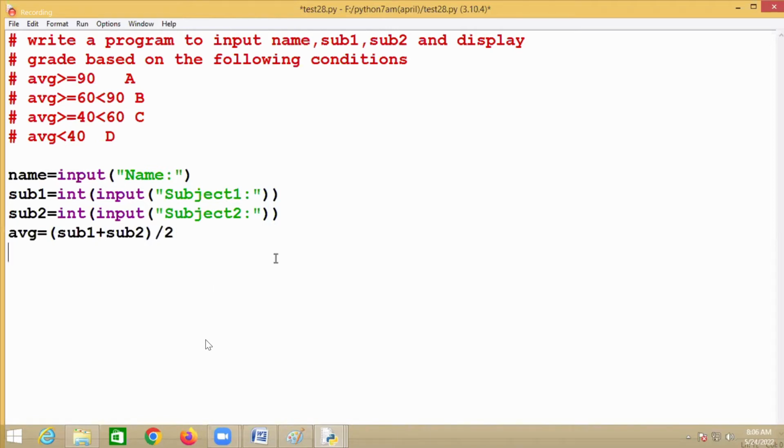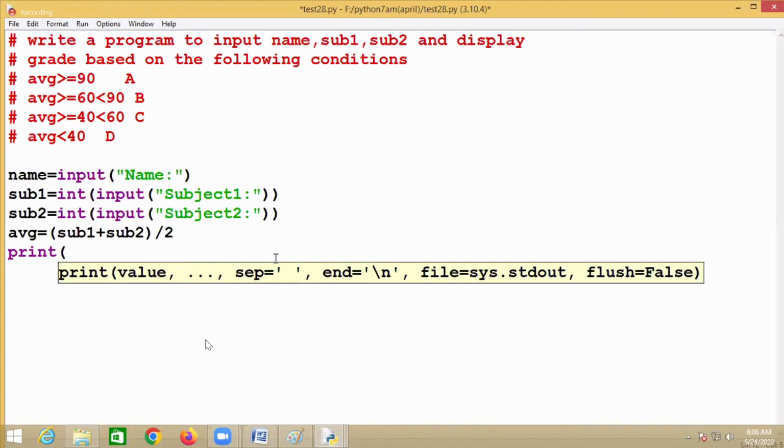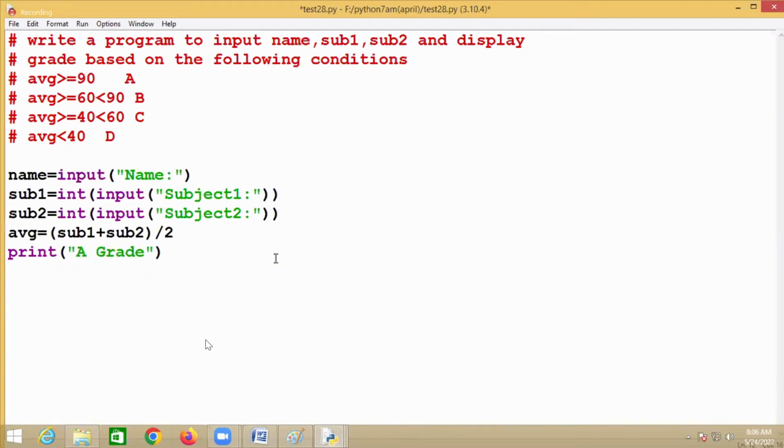Then after that, you are trying to print. What are you printing here? A grade. First you display the message A grade, when the average is greater than or equal to 90. If I want to print a name also, I can say format, name, A grade.